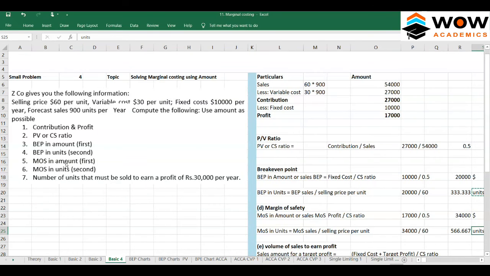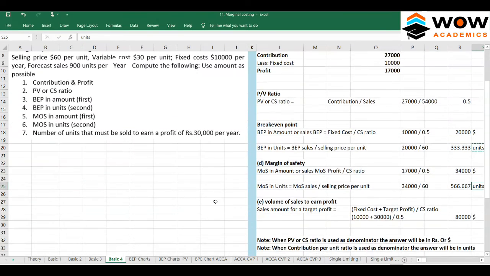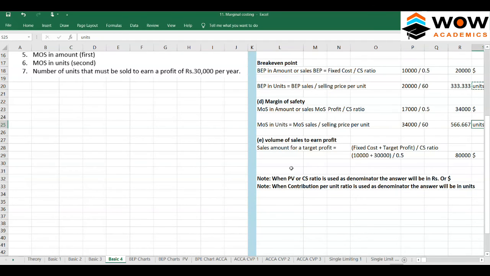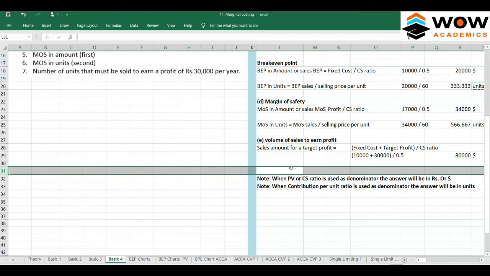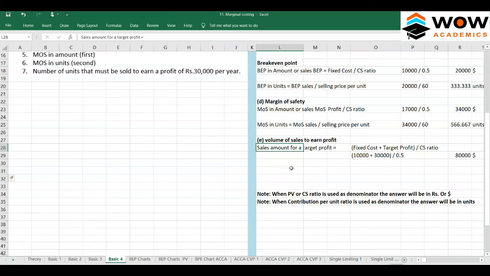So the last one is the number of units that must be sold. We have already found it in amount. So if you want to find it in units, we can do this. Sales units for a target profit, we will use this measure.